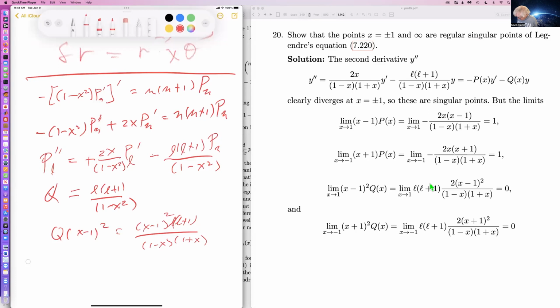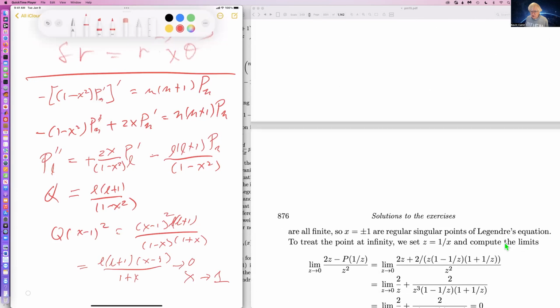It looks like that, and so this then is L(L plus 1)(x minus 1) over (1 plus x), and so this goes to 0 as x goes to 1. And so that's where we get 0. And if you do the minus 1, you also get 0.